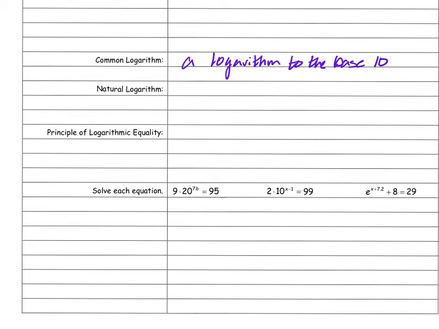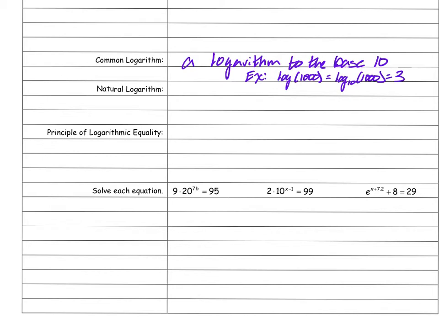And it's commonly written, an example would be log of 1,000. So if you see a log without a base, it's always going to be base 10, just so you know. So this would mean log base 10 of 1,000, which we know equals 3, because 10 to the third power is 1,000.